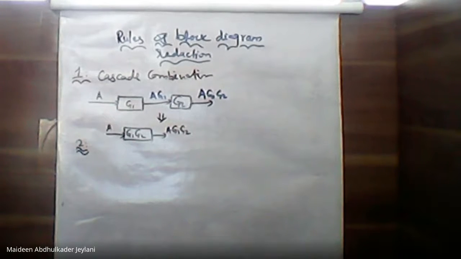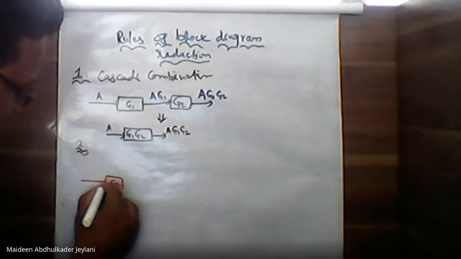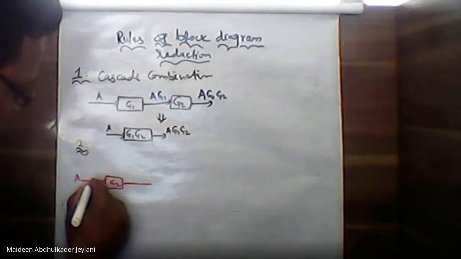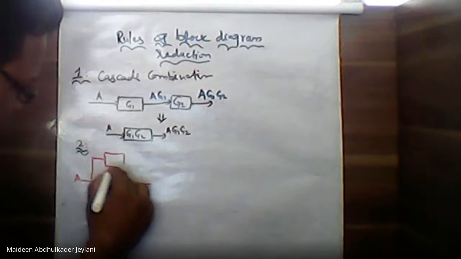And rule number 2, combining of parallel blocks or feed forward paths. So here you have G1 and G2.